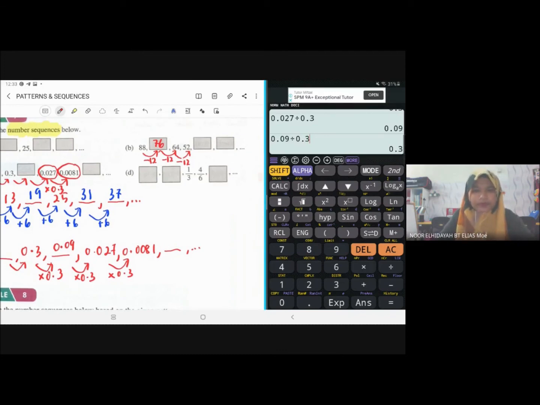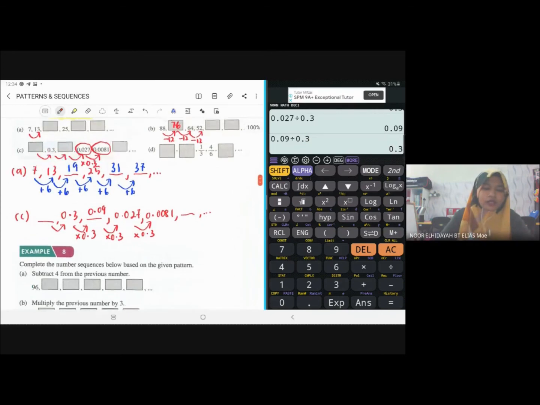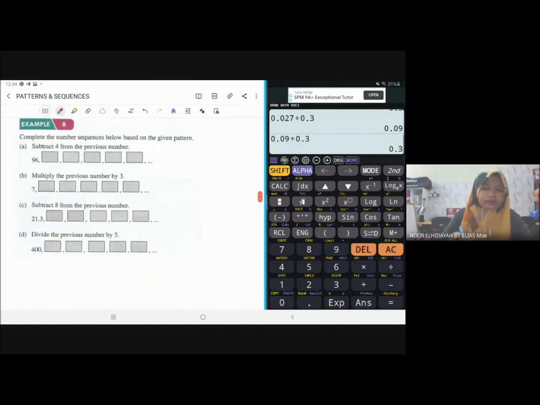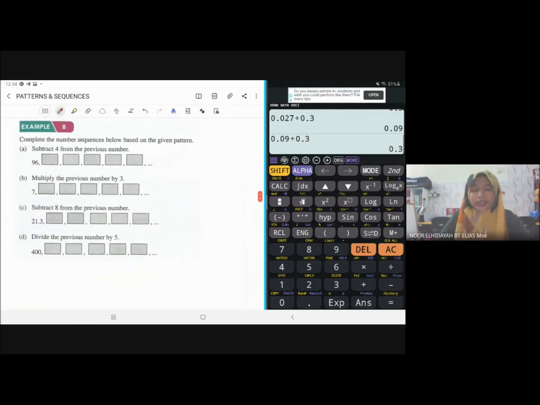So the first step you have to identify is the pattern. What is the pattern? Identify the pattern. Okay, now we continue to example 8. Ini kacang goreng. Example 8, complete the number sequence below based on the given pattern. Dia dah bagi siap-siap pattern. Soalan ni soalan mudah, aras rendah sahaja.